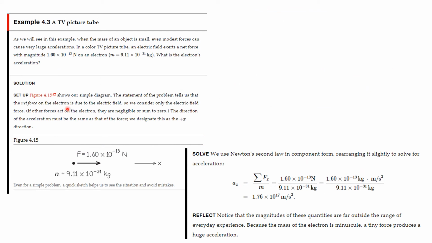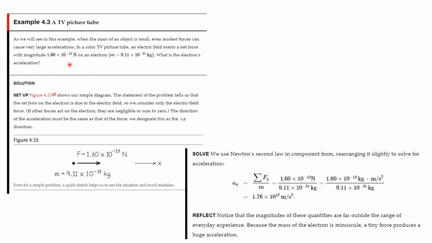Another example here. This has to do with a TV picture tube. When the mass of an object is small, even modest forces can cause very large accelerations. In a color TV picture tube, an electric field exerts a net force with magnitude 1.6 times 10 to the minus 13 newtons.